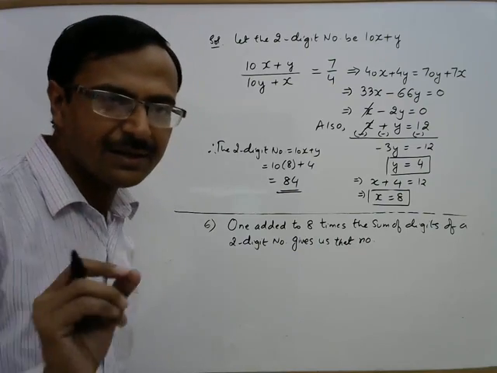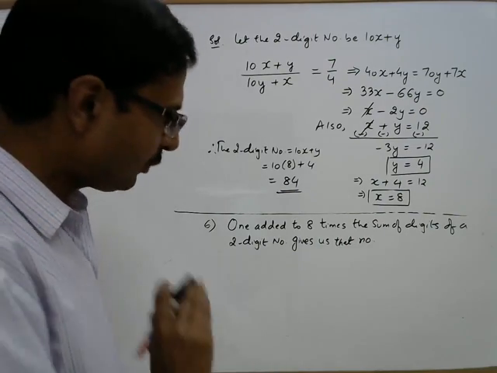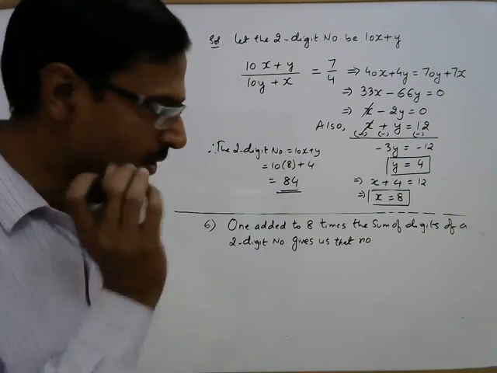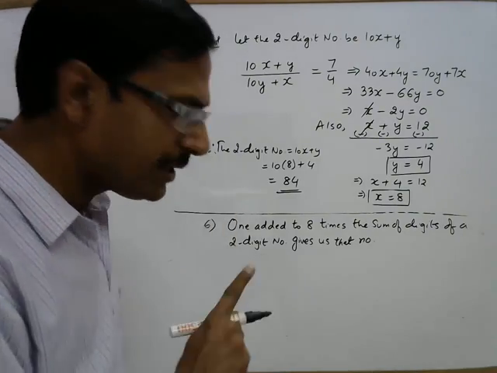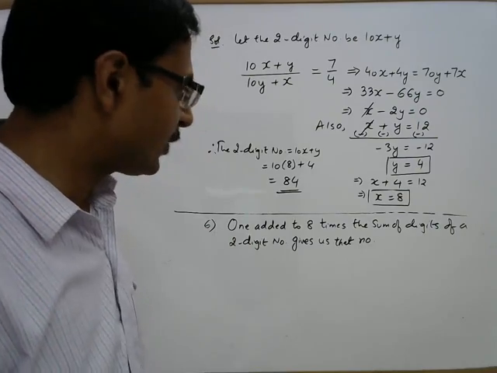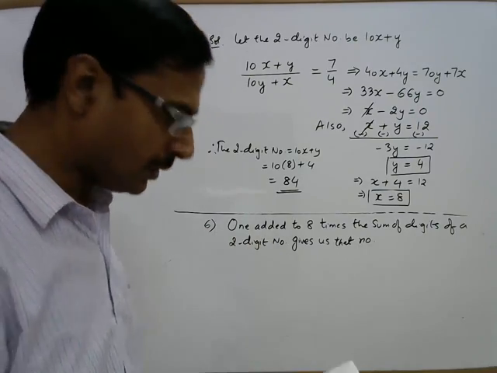Little bit tricky, but if you read the sentence twice, you will get the equation. 1 added to 8 times the sum of digits of a two-digit number gives us that number.